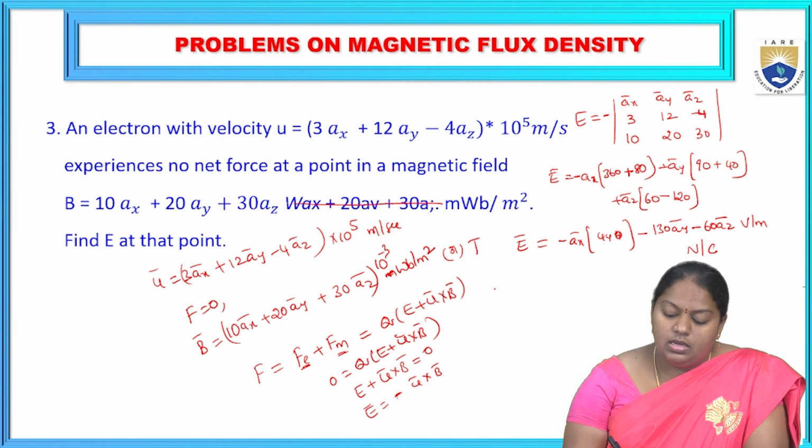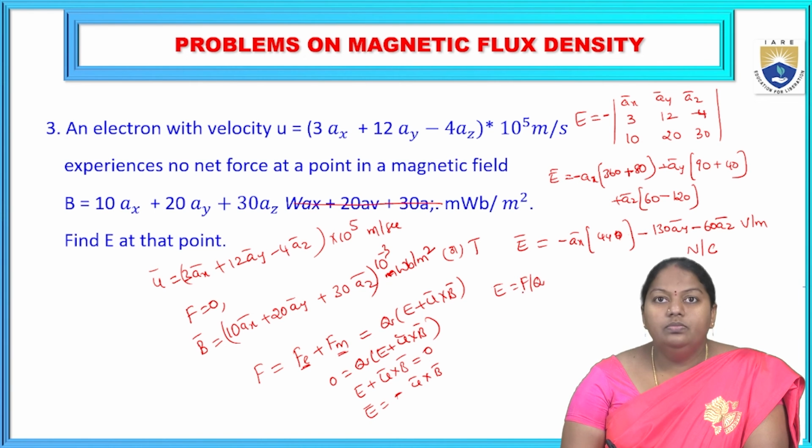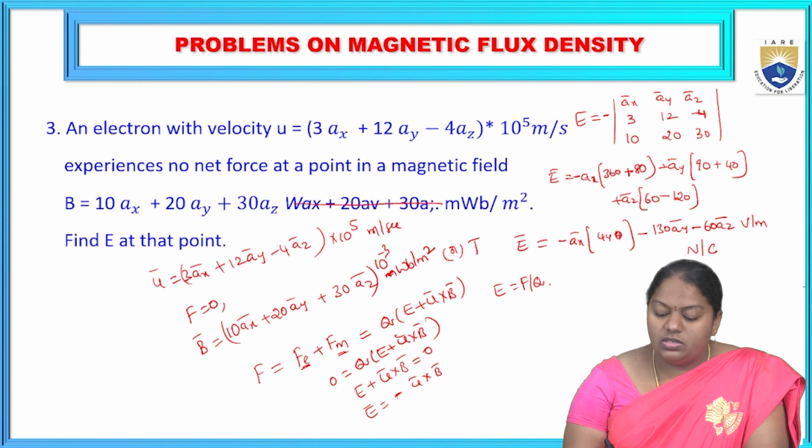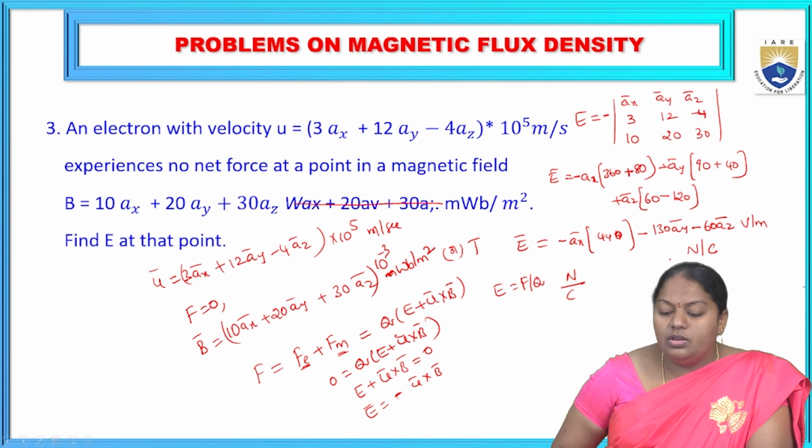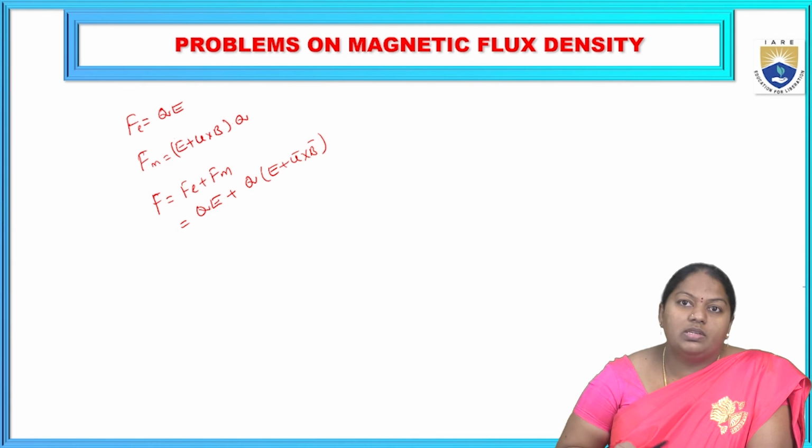Why? Because in general we can define E as F by Q, and force F is measured in newtons, and electric charge is measured in coulombs. That's why E is obtained as minus 440 AX, minus 130 AY, minus 60 AZ volts per meter, or in general Newton per coulomb also sometimes.